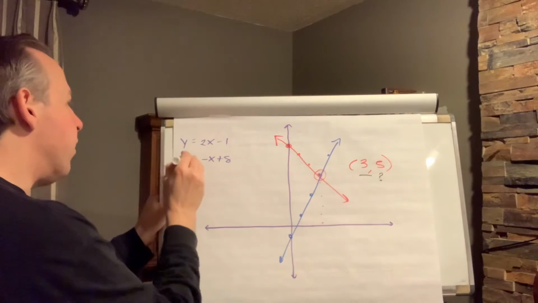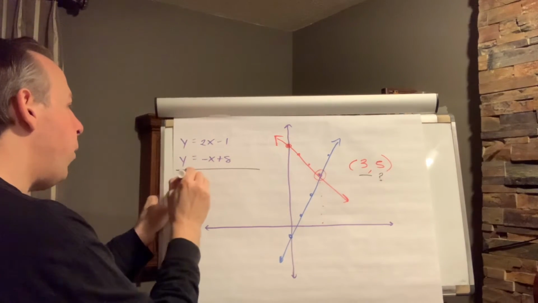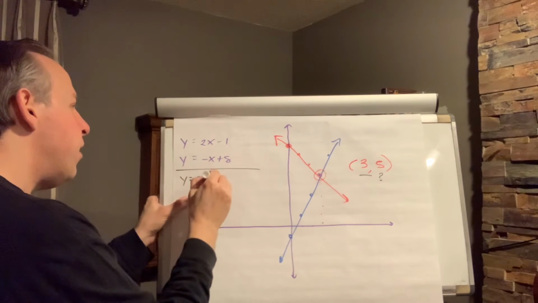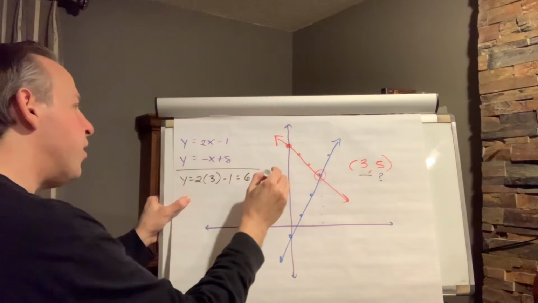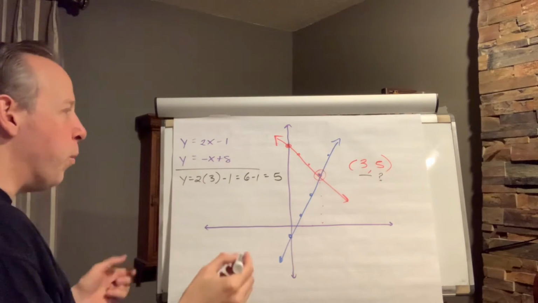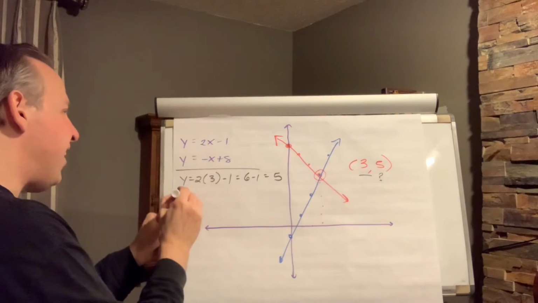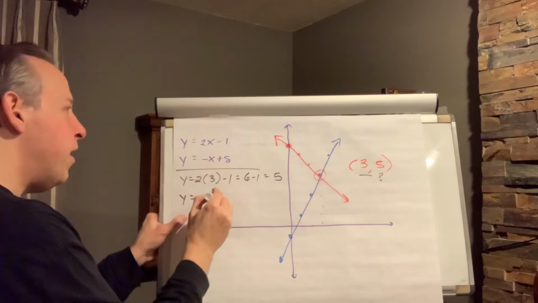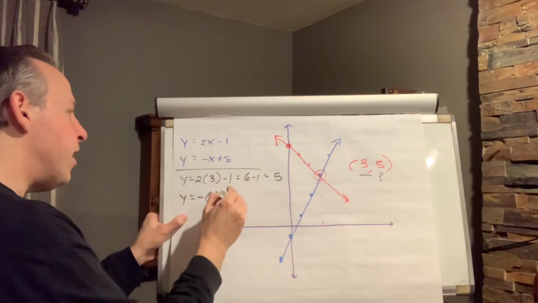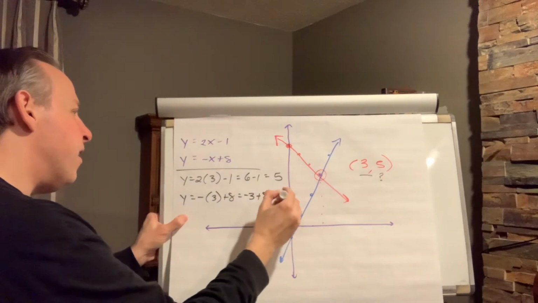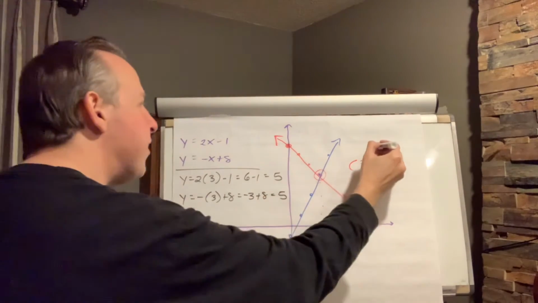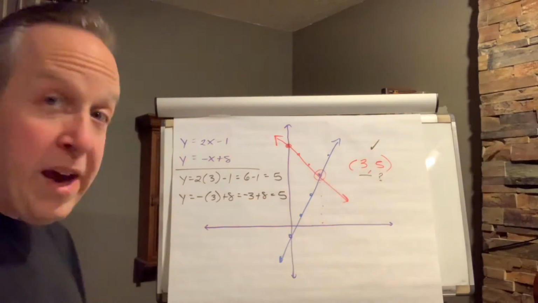So if I plug into the first one, y equals 2 times 3 minus 1, well, that's 6 minus 1, which equals 5. So it works there. We also check the second equation, y equals negative 3 plus 8. Well, negative 3 plus 8 does equal 5. So it checks out. We got our solution.